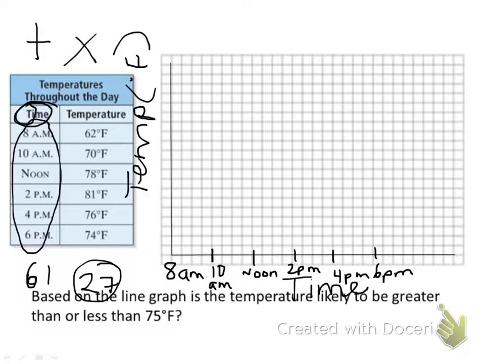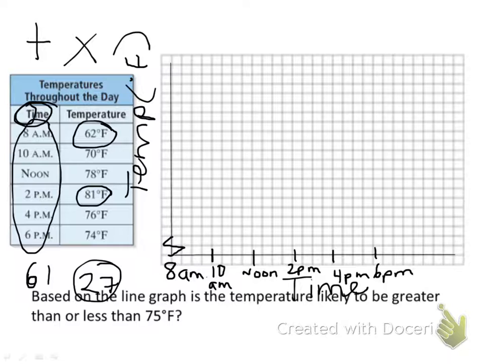All right, now we need to figure out our scale for our y-axis. Our lowest temperature is 62, and our highest temperature is 81. So we need our scale along the side to go from 62 to 81. We're going to do a fancy trick like the lightning bolt. We're going to put a lightning bolt down here, which means that we don't have to start this axis at 0.